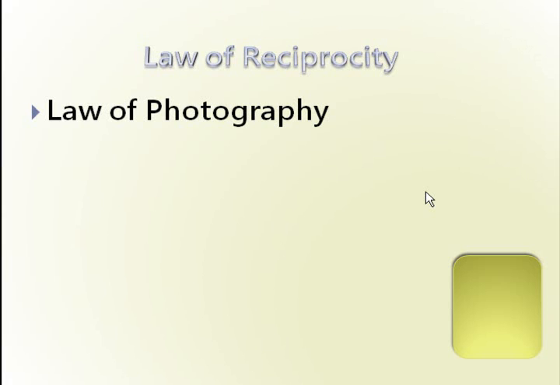What is the law of photography? It has to do with the same thing that we've been discussing regarding exposure and light. Reciprocity is a state of relation. I had to go to my dictionary and look up what reciprocity was because it's such an odd word. And this is the definition that they gave us: a state of relation.